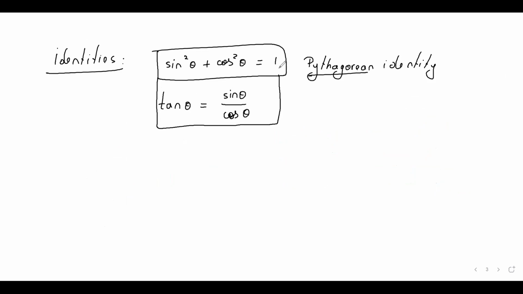All right, and this is pretty much all you need to remember from trigonometry. Perhaps, I forgot this one. This is another important one. Secant theta. So you need to remember what secant theta is, which is, remember, 1 over cosine theta.